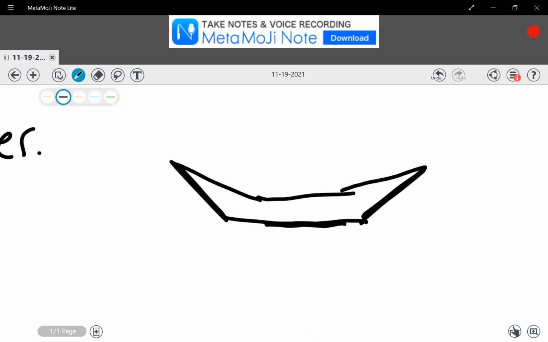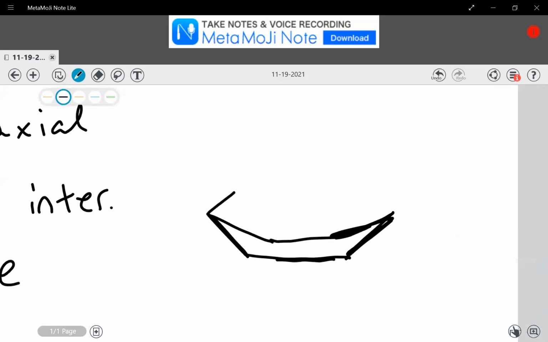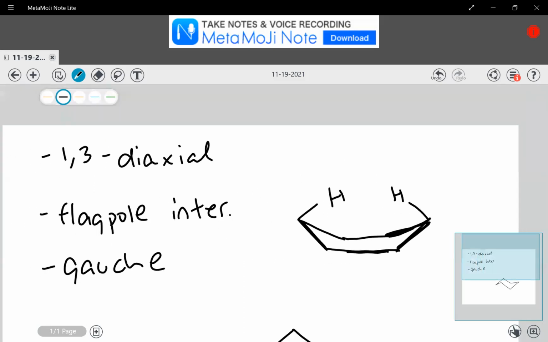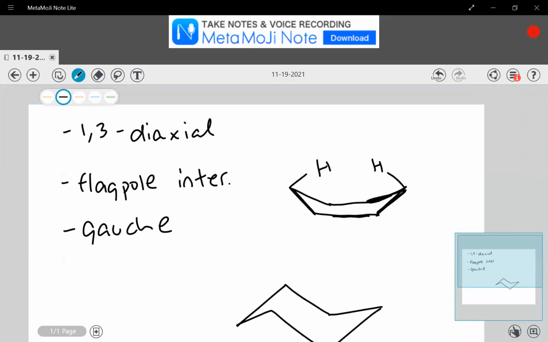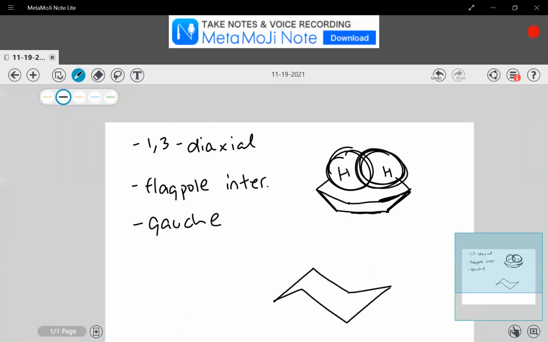1, 2, 3. And what happens is that you're going to have these two hydrogens here. They're going to face each other. And similar to the 1,3 diaxial, where the substituents are in each other's space, these are also going to be up in each other's space. It creates repulsion between them, and it's going to create some strain in the ring, some uncomfortableness within the ring.